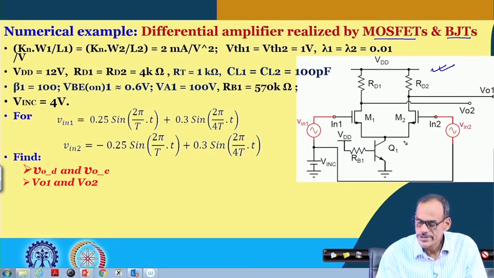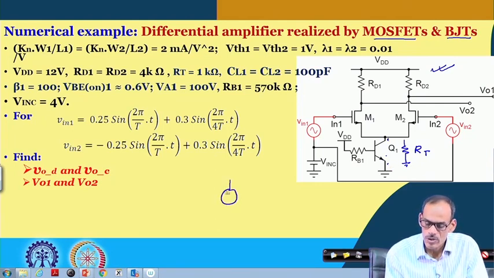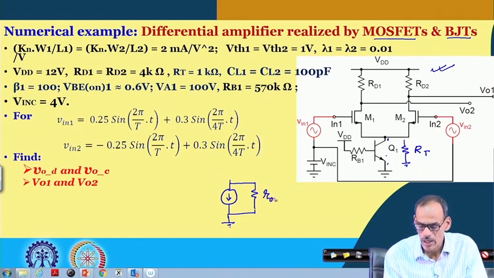So, here, as I said, earlier we used RT, and that has been replaced by this device. In fact, if you see the device characteristic, you may see that it is almost working as an ideal current source, but it may have some finite conductance, and the inverse of this conductance is basically RO1. Now, what is this current? This DC current can be obtained by considering its base bias.